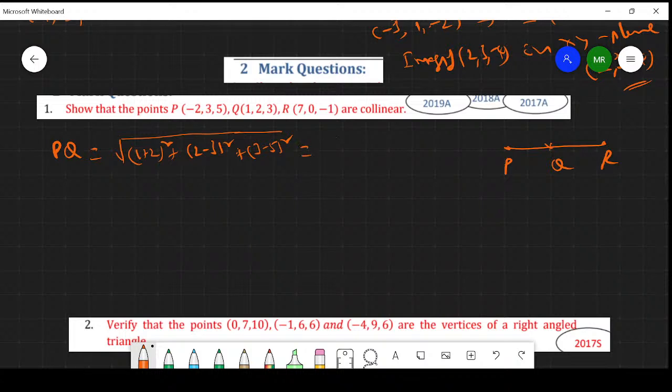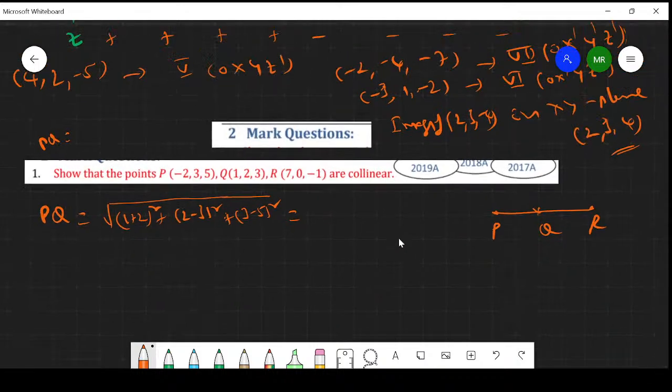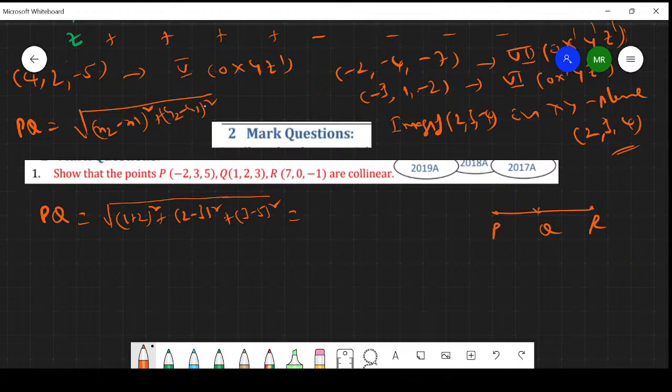I think you know the distance between 2 points formula. When they are asking for PQ, if you know 2 points P and Q, PQ is equal to the root of x2 minus x1 whole square plus y2 minus y1 whole square plus z2 minus z1 whole square, right?